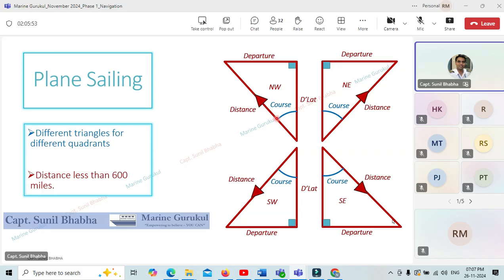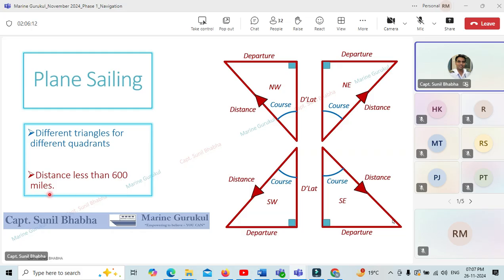Now there is one limitation in the plain sailing method. That limitation is that plain sailing is used only for distances less than 600 nautical miles.